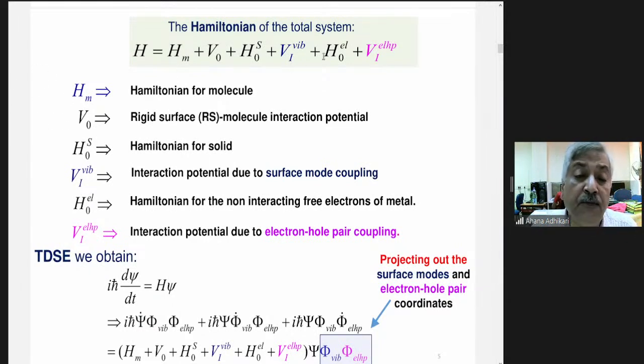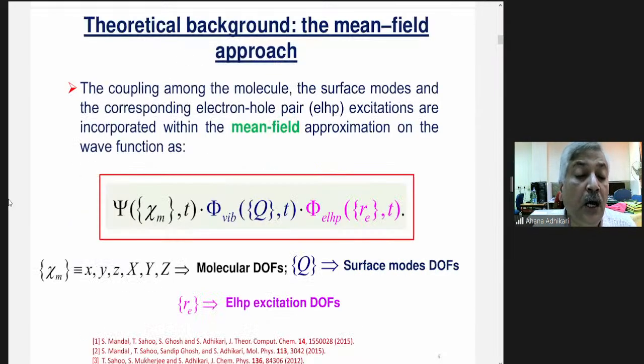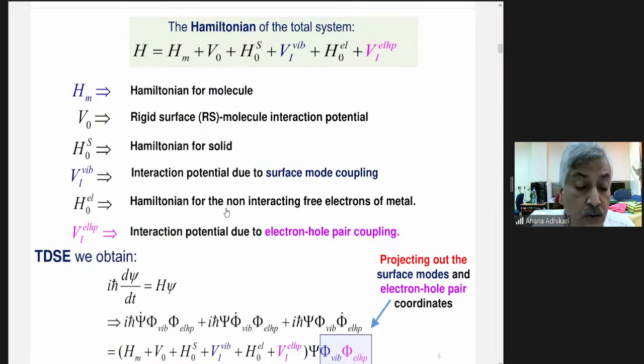So if you consider this is the form of the Hamiltonian, and if you consider the mean field level of wave function, you can see psi product with phi. Psi is the molecular wave function, representing molecular degrees of freedom, and phi is the surface mode wave function, representing, let's say, hundreds of copper atoms sitting on the surface. So when you replace this capital psi and phi, and the Hamiltonian is this, then you can proceed a little bit.